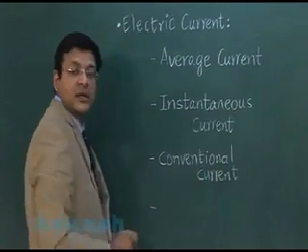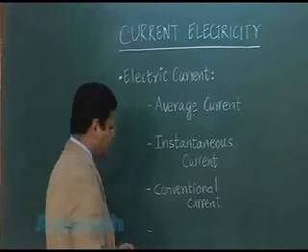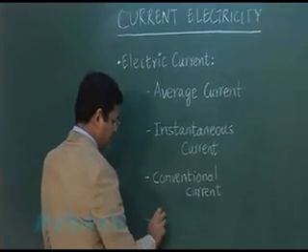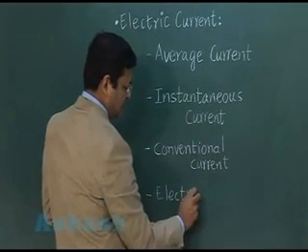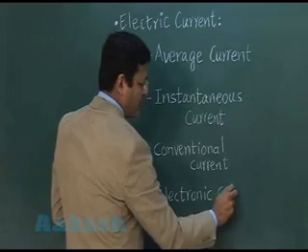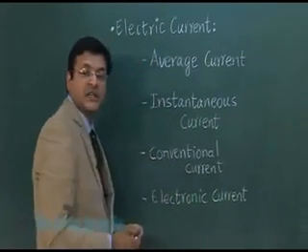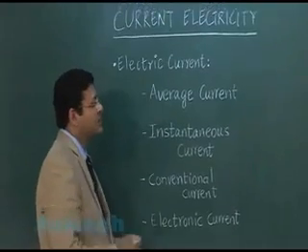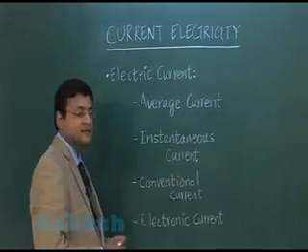And then we will try to understand what is the meaning of electronic current. You understand, these are the 4 terminologies. First of all, we should try to understand.